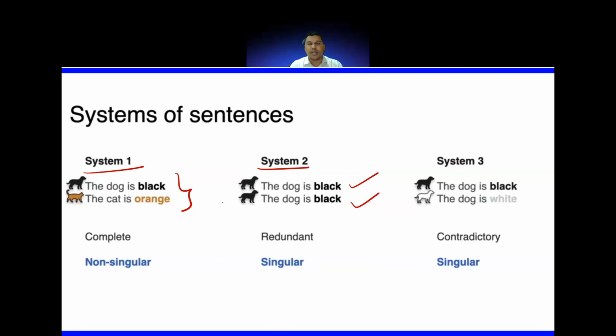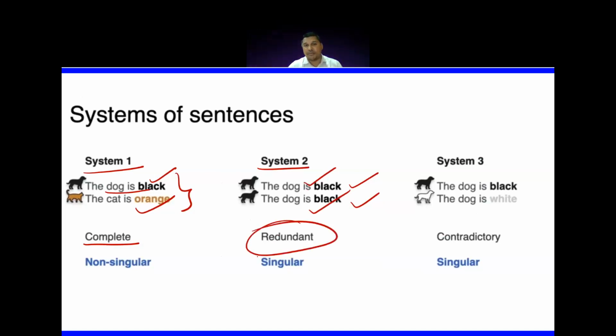In the first, the statements are clear, so they can be considered complete sentences. In the second, the same thing is given two times, so it is redundant information. Here the information is repeated.